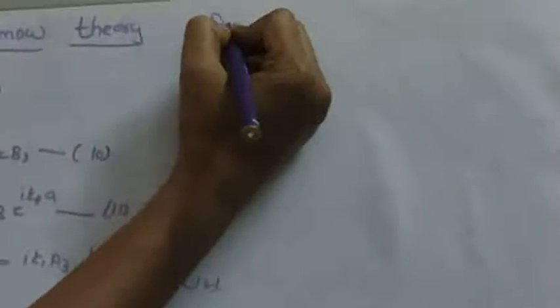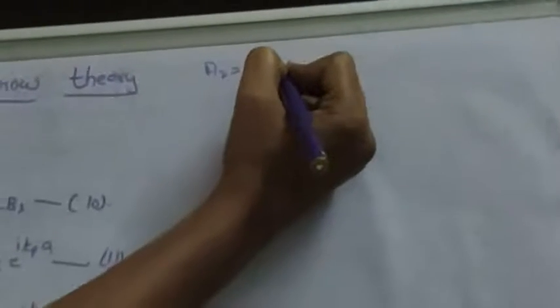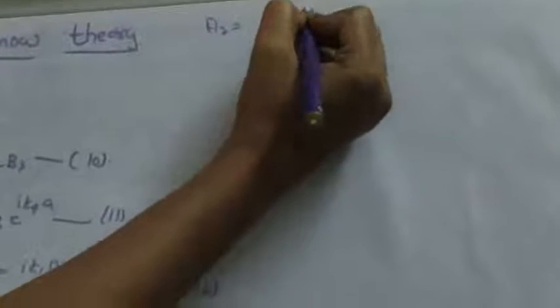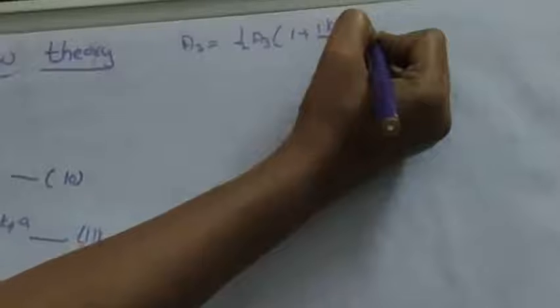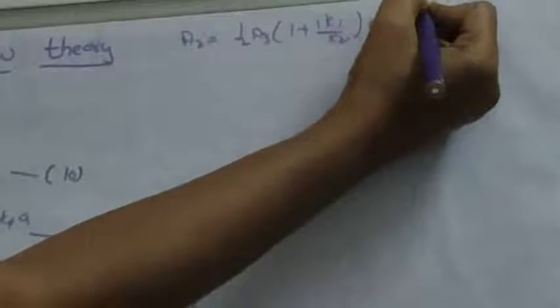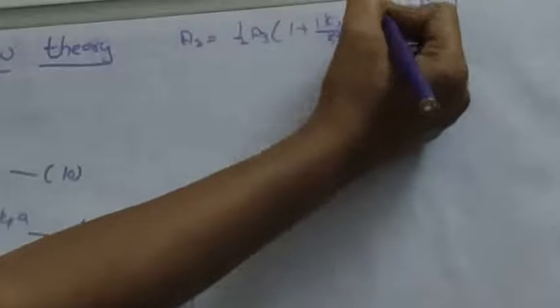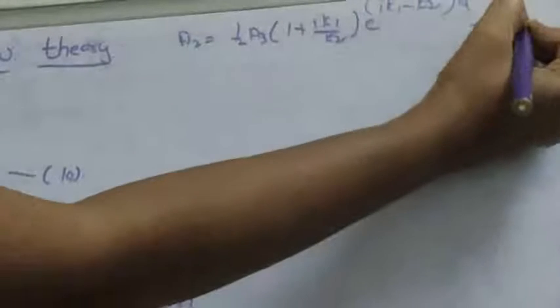Similarly, we are going to write the equation for a2. So what you will get? a2 is equal to 1 by 2 a3 of 1 plus i k1 by k2 into e power i k1 minus k2 into a. Consider this as equation number 14.